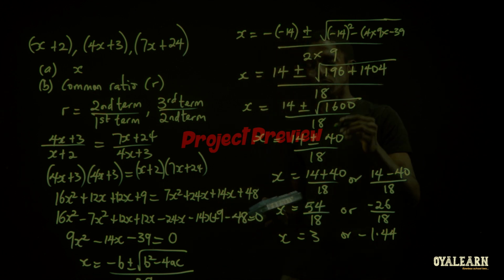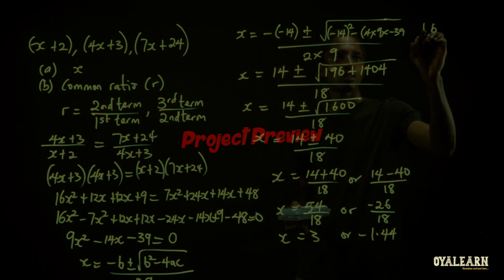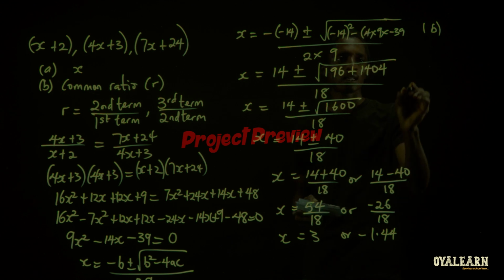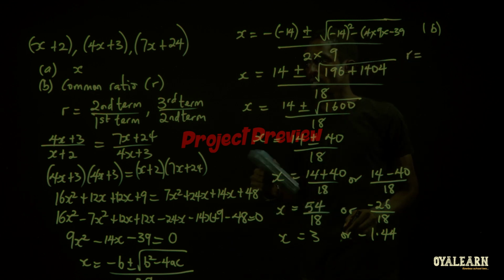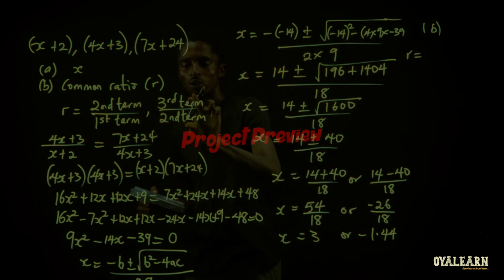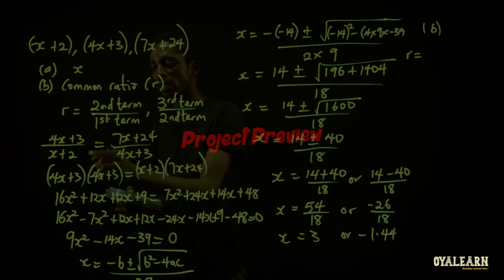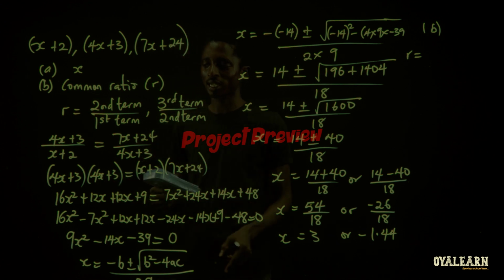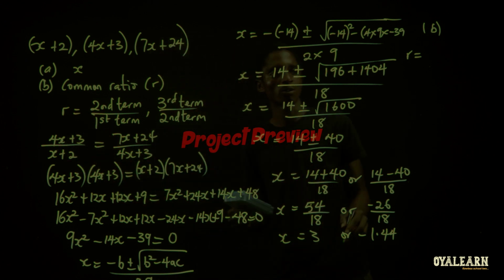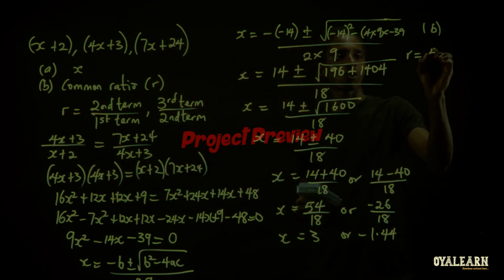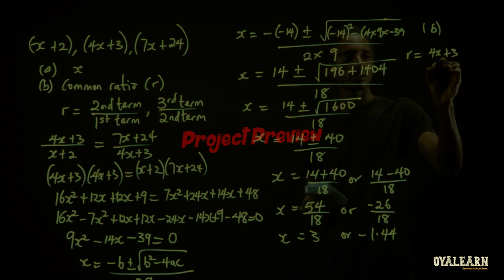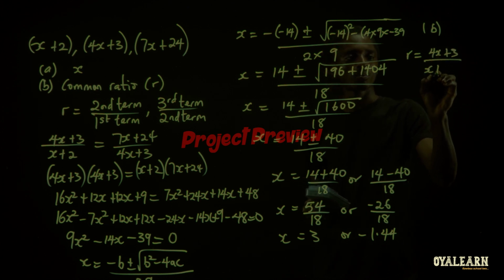Now let's solve for the second part. For this part, our r therefore becomes, pick any of these two equations that we mentioned earlier, that is 4x plus 3 over x plus 2, or the other side. So I'll be using this side to solve for the value of our r. So our r becomes 4x plus 3 over x plus 2.